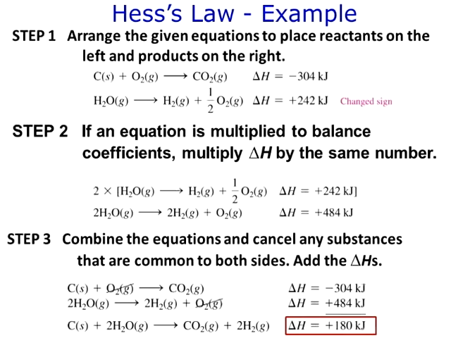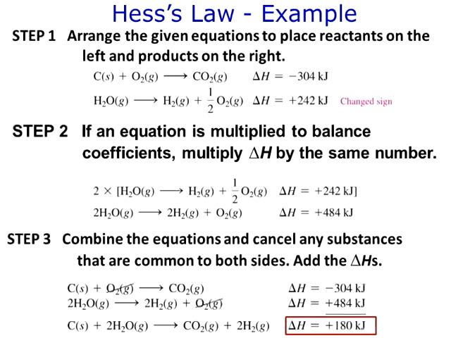Therein, the sign changed from a negative 242 kilojoules to a positive 243 kilojoules. Missing the sign change is perhaps the largest error that students make in freshman Gen Chem, forgetting that when you reverse an equation, you must reverse the signs.